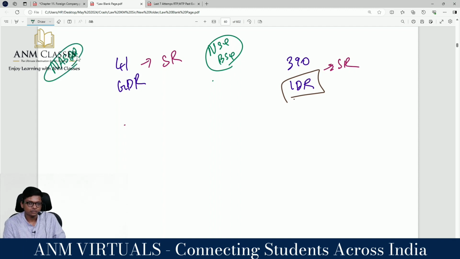How will you buy? Earlier it was difficult. Now, because of globalization and so much technology, sitting in Chennai, India, I can buy shares of any company in the world.